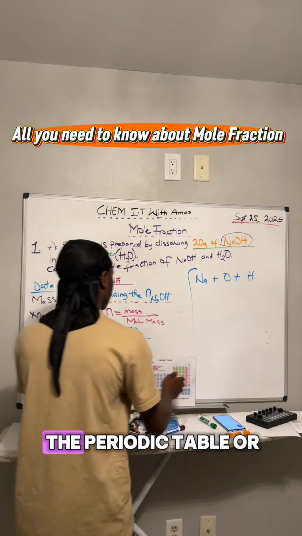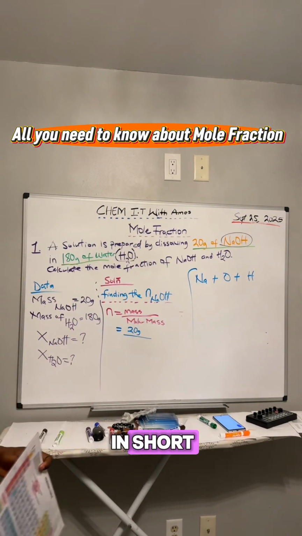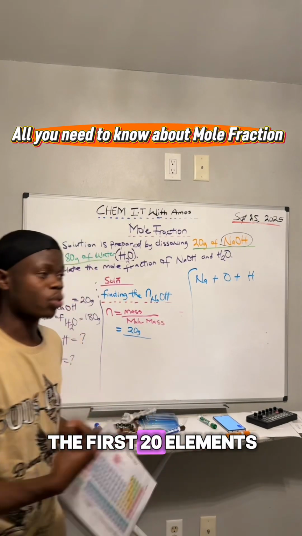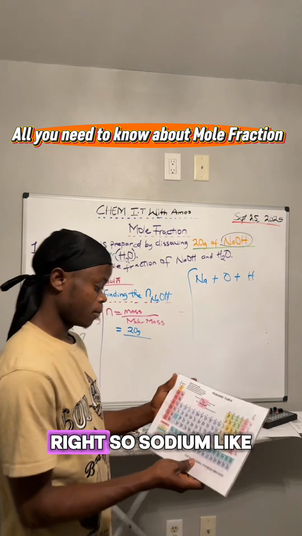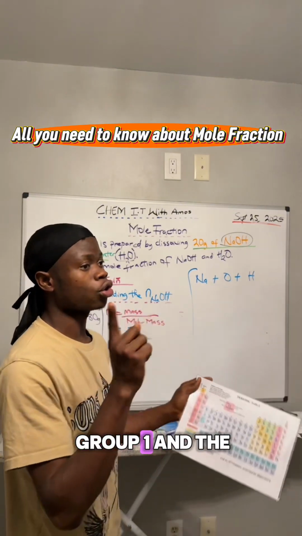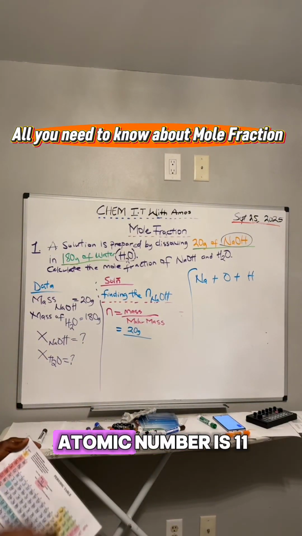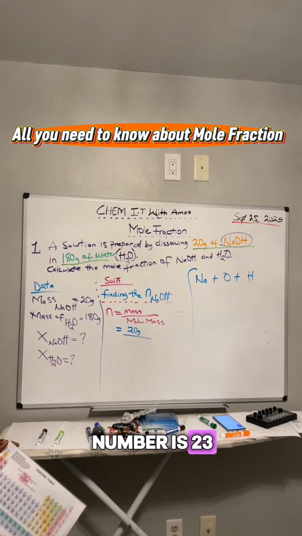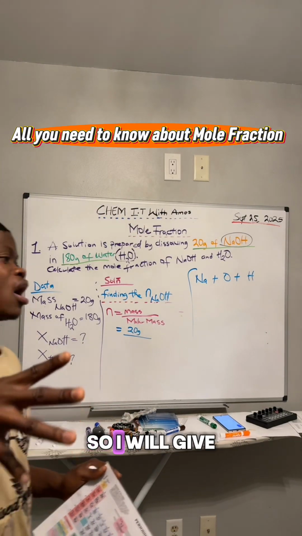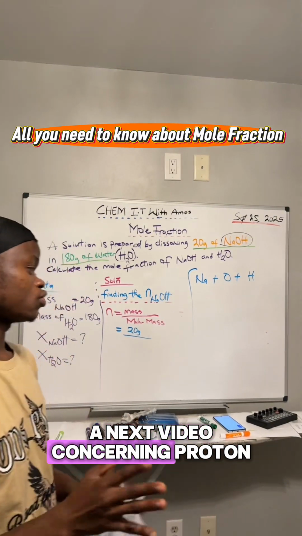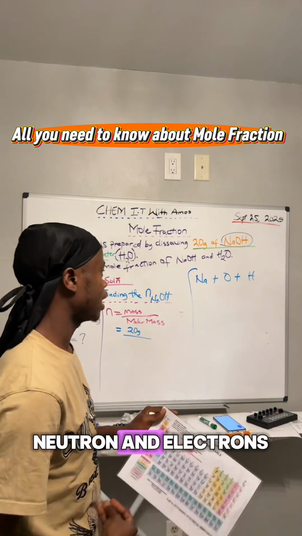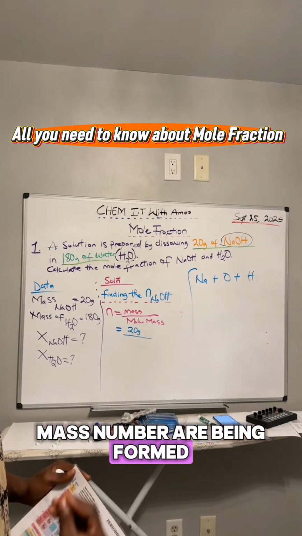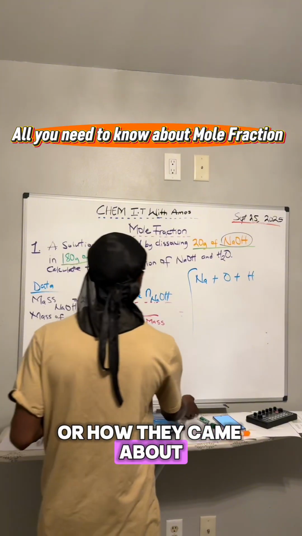So you can visit the periodic table, or in short, you have to know the mass number of the first 20 elements, right? So sodium, like I said, is in group 1, and the atomic number is 11, wherein the mass number is 23. I will do a next video concerning protons, neutrons, and electrons, so you understand how mass numbers are formed or how they came about.